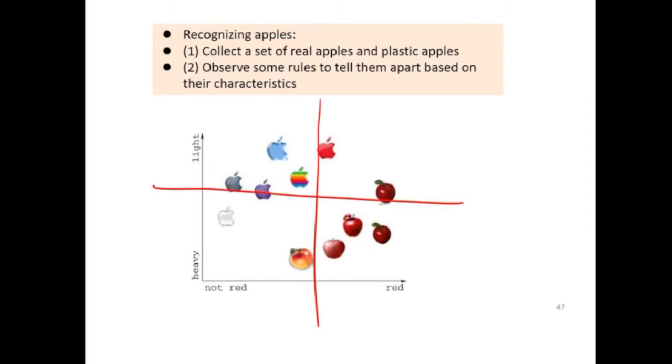There are only 2 kinds of rules: either thresholding the color x1 or thresholding the weight x2. So these are the only 2 types of rules I'm allowing, which is super high bias, right? How can I figure out the best decision function using only these 2 kinds, either thresholding on x1 or thresholding on x2?